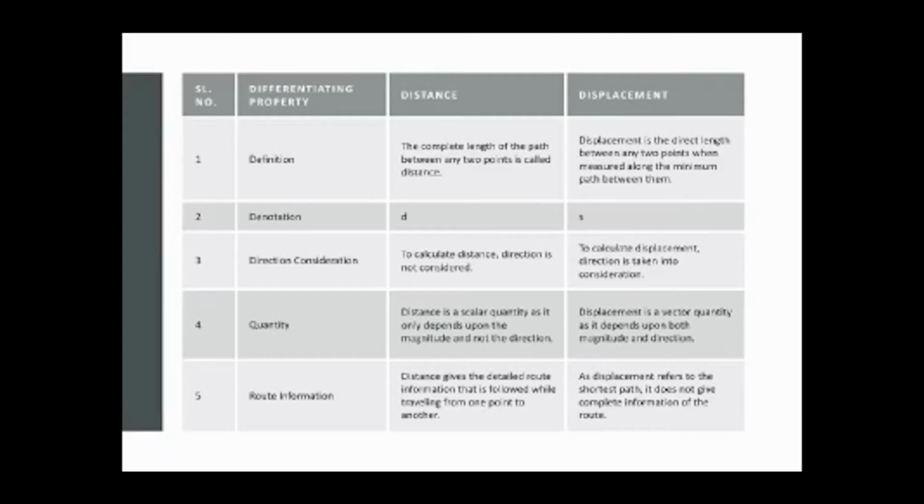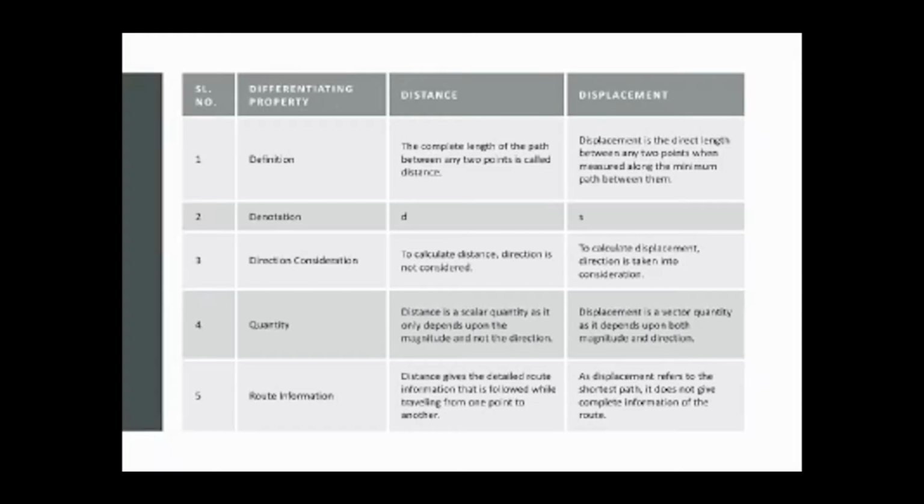Students, now we'll differentiate between distance and displacement in different respects. First of all, the definition: the complete length of the path between any 2 points is called distance, whereas displacement is the shortest distance between 2 points. Distance is denoted by d, whereas displacement is denoted by s.